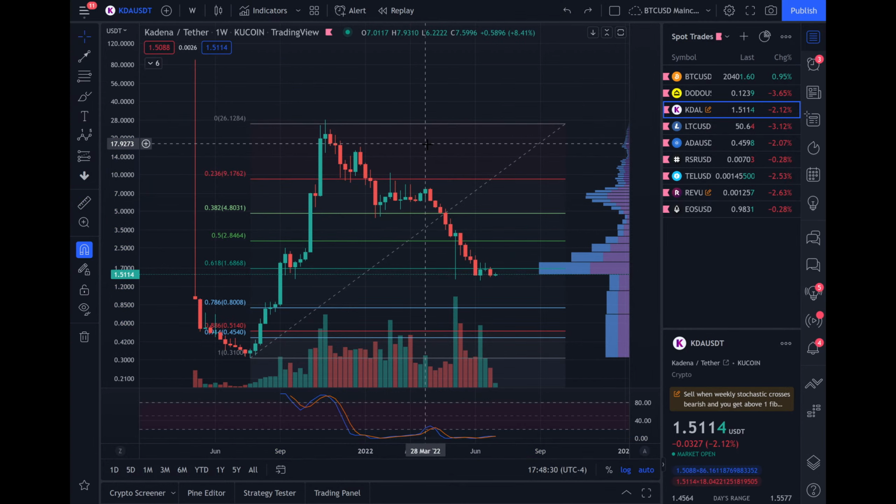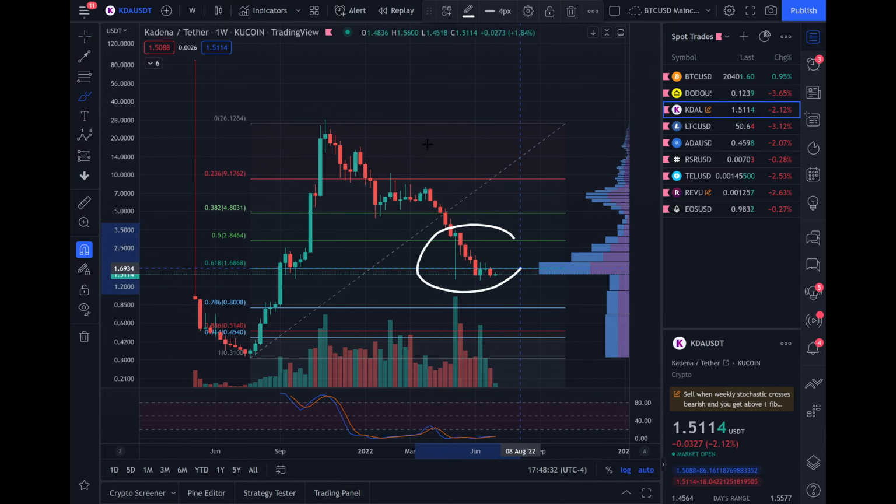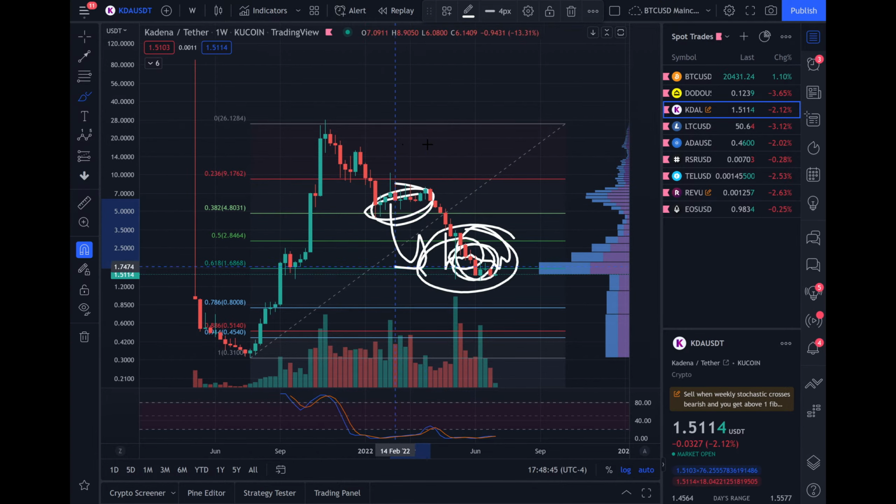The smart investor doesn't leverage trade the small moves here. The smart investor spot buys this region, averages in their buys in this region. I actually was buying from here. I was buying Cardano all the way up here because I thought that this was a reversal. I thought this was my move down to the 382.